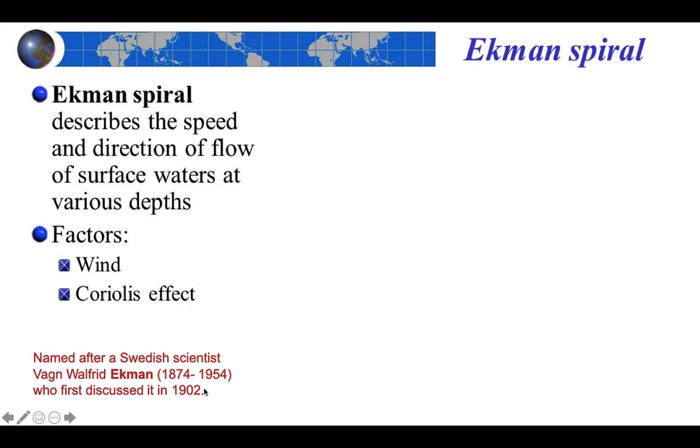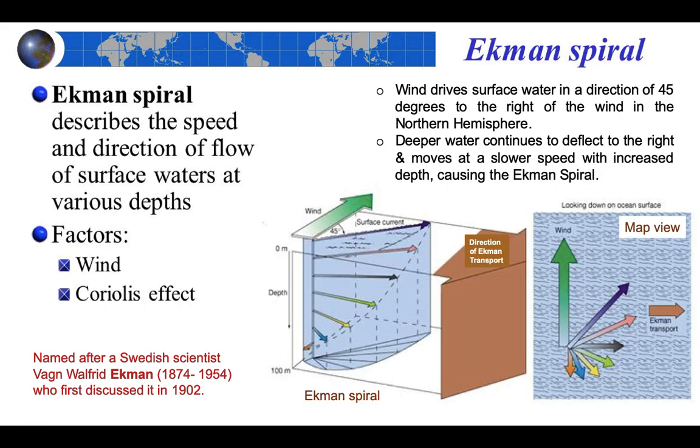And he looked into this phenomenon and came up with the concept of the Ekman spiral. So the Ekman spiral is controlled by the Coriolis effect very strongly.